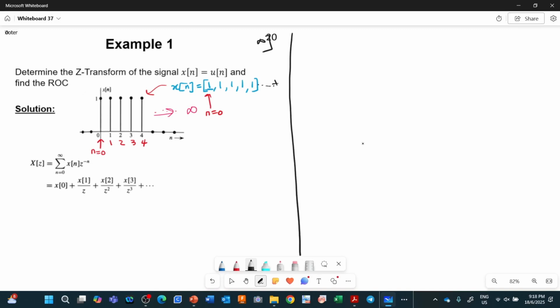The example given is: determine the Z transform of the signal x(n). I am going to ignore that plotting, because it is actually wrong. I don't know why, because I took it from the book. Do you think the plotting is wrong? x(n) equals u(n).